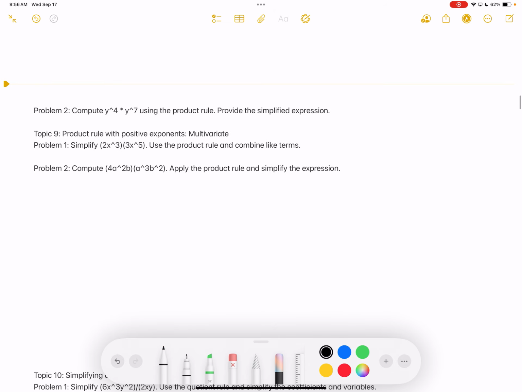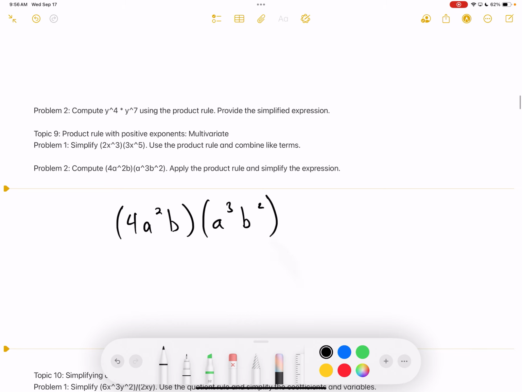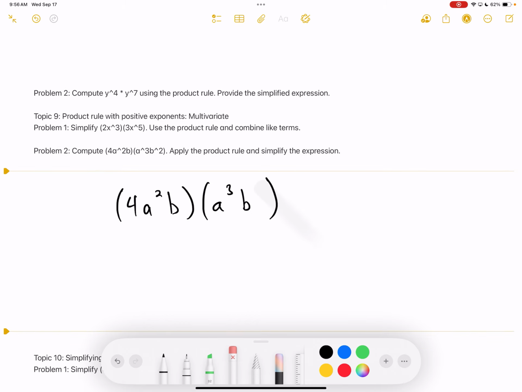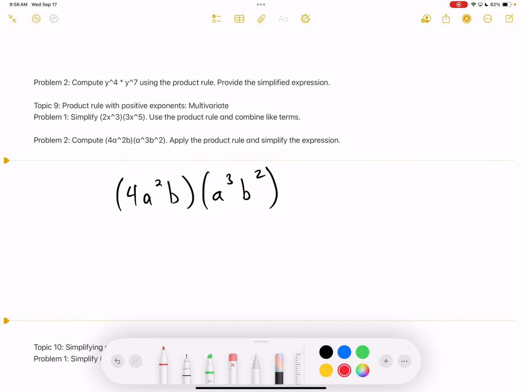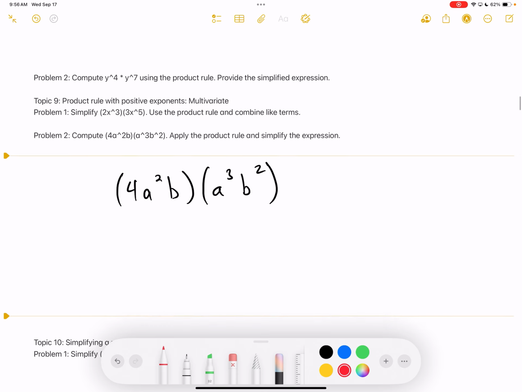All right, let's get into a harder one here. When you have multiple variables here, you have a number, you have an a, you have a b. Take it one step at a time.